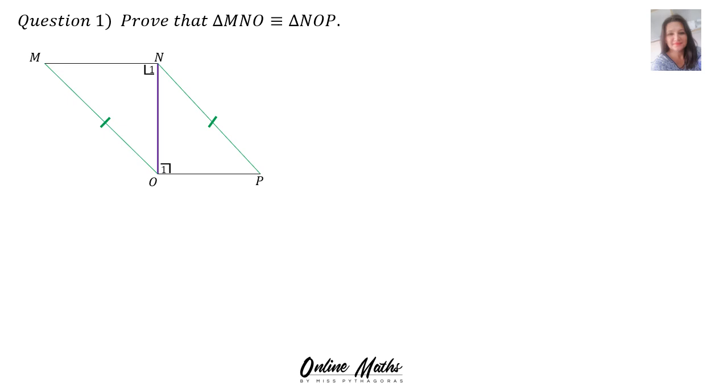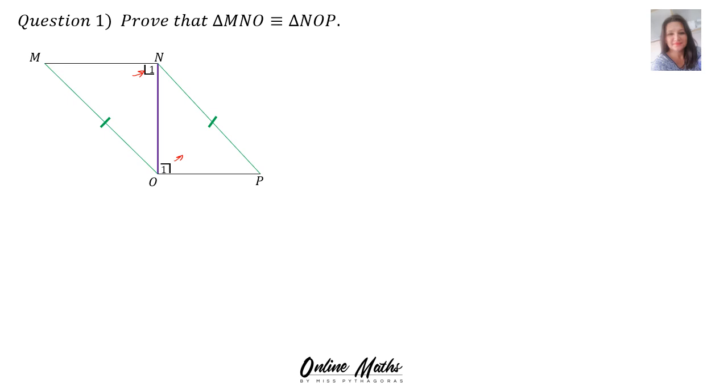Then there's also angle N1 and O1, and this little symbol indicates that they are right angles. And then very specifically, MO is the side that's opposite the right angle. So MO and NP, they are indeed the hypotenuse of each triangle.